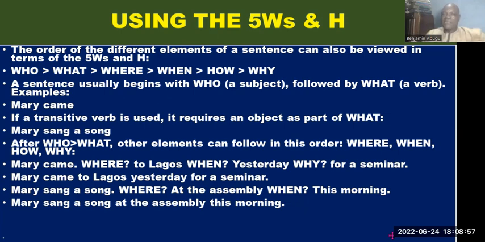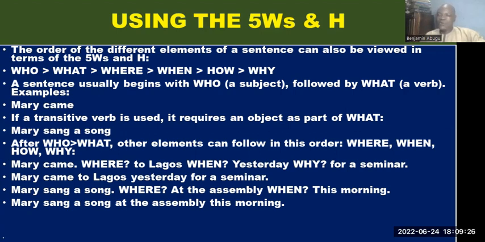And then, does stands for the verb, all right? And what stands for the object. So who does what? These two already cover the SVO structure. So a sentence usually begins with who, and that is a subject, followed by what, a verb.